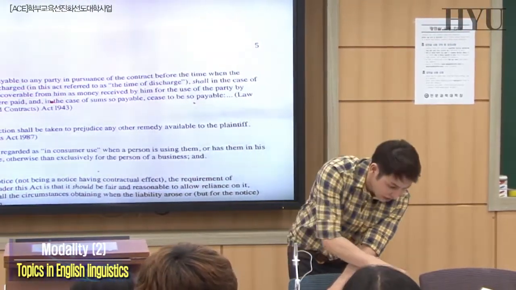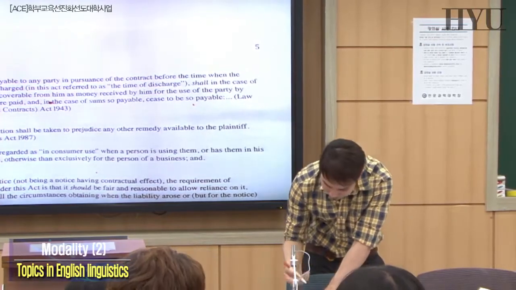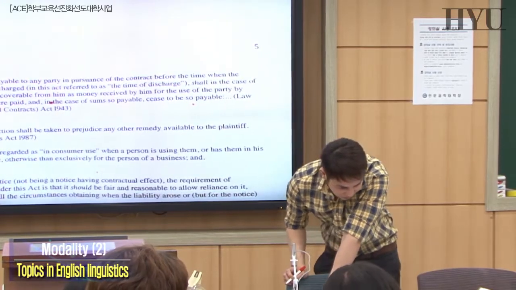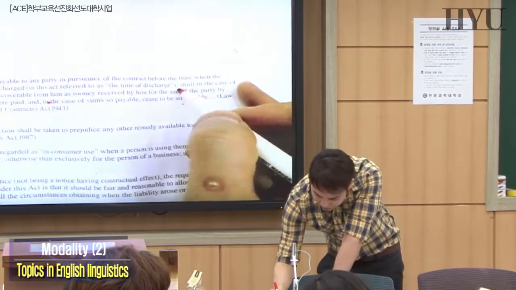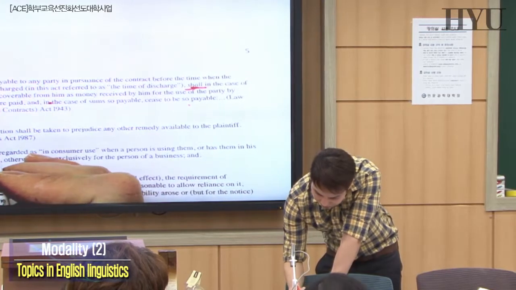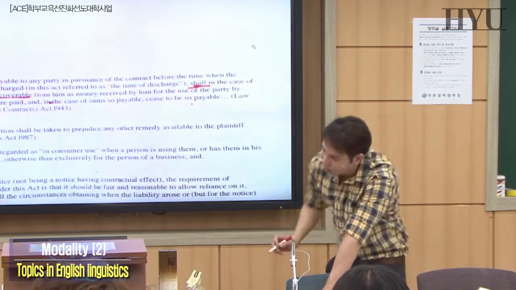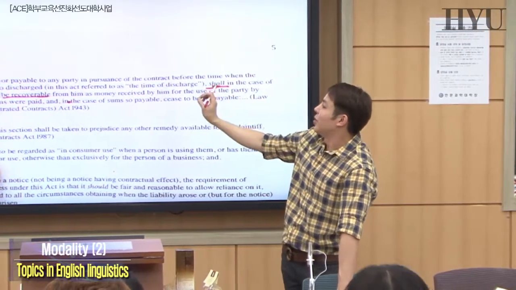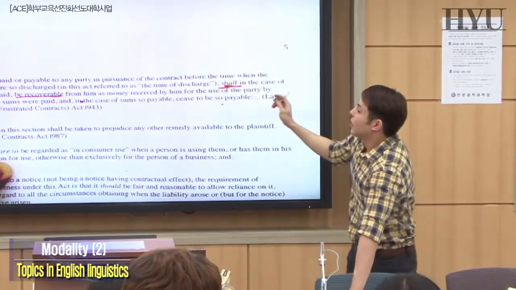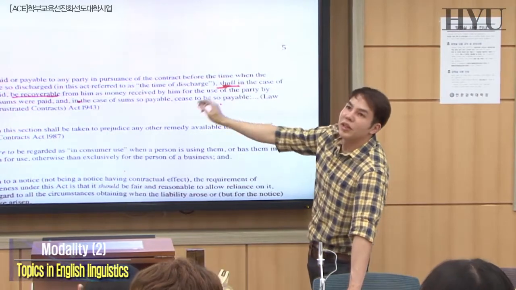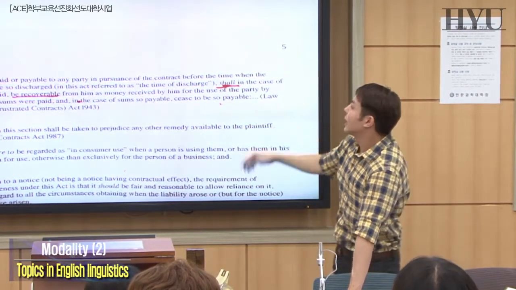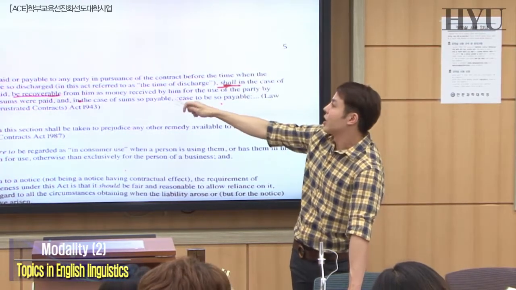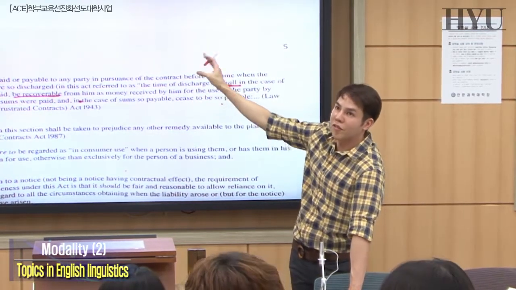All sums... shall is the verb. Be recoverable. That's it. All sums shall be recoverable. Other things are what the writer uses to modify, like all sums paid or payable. So that modifies all sums.